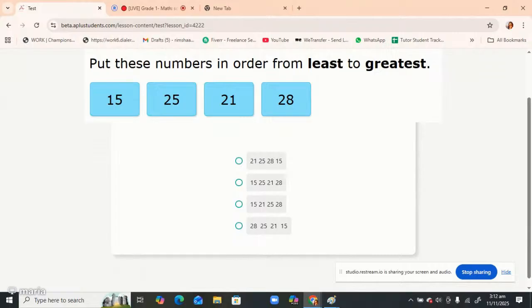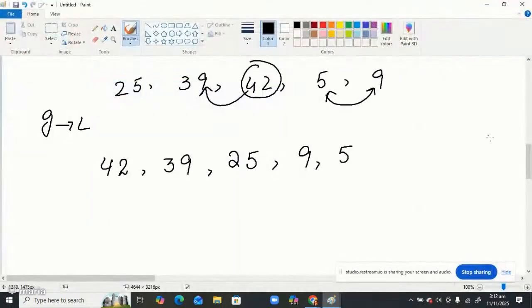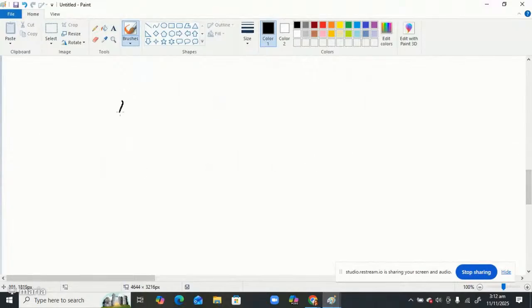They are saying to write all these numbers from least to greatest. Okay, first of all we're going to write down here the numbers: 15, 25, 21 and 28. And the question is write least to greatest.